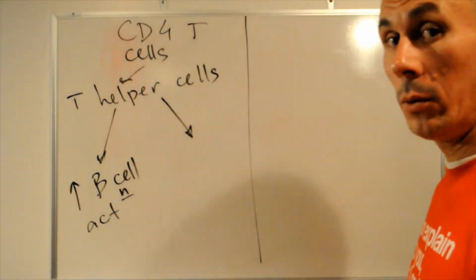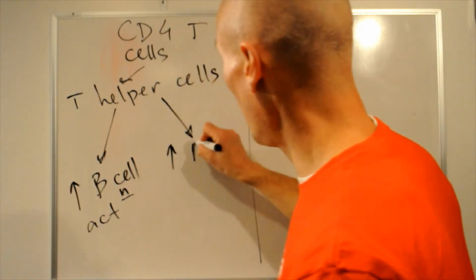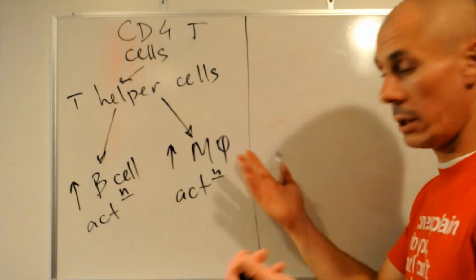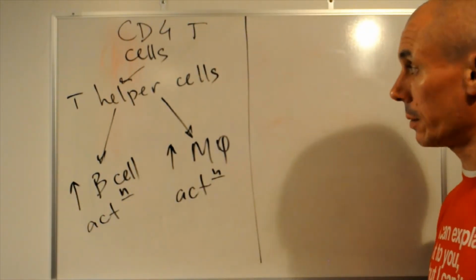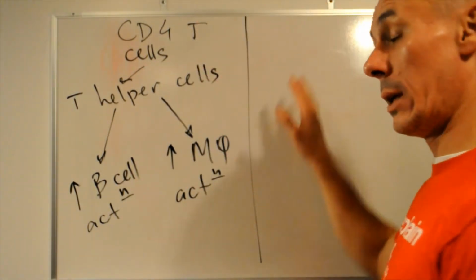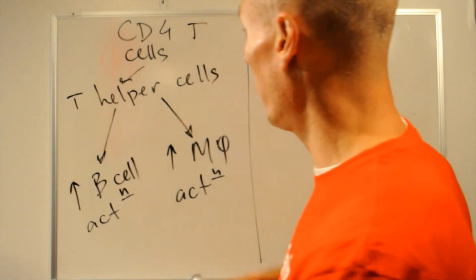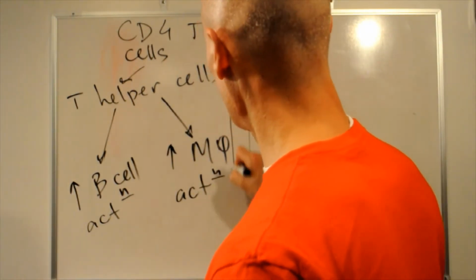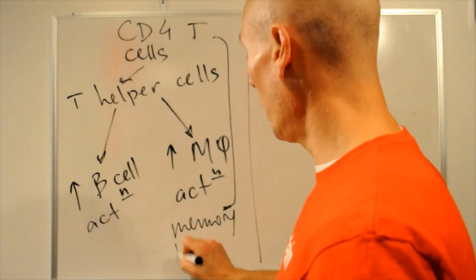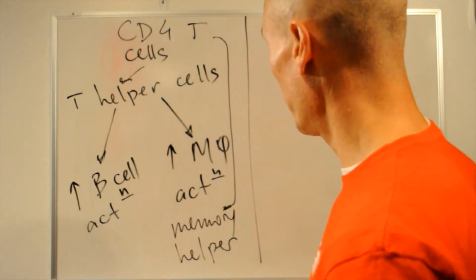And they also increase macrophage activation, which leads to increased levels of phagocytosis. Of course, CD4 T cells, all T cells form memory cells. CD4 T cells can also become memory helper cells.